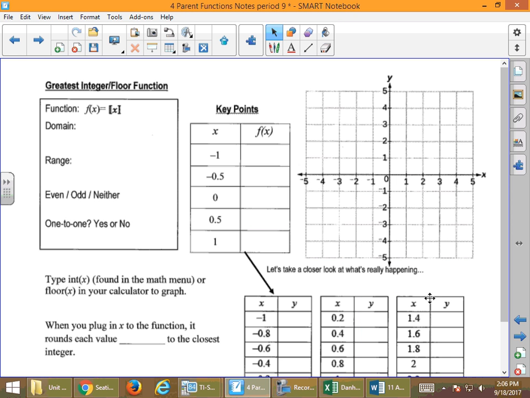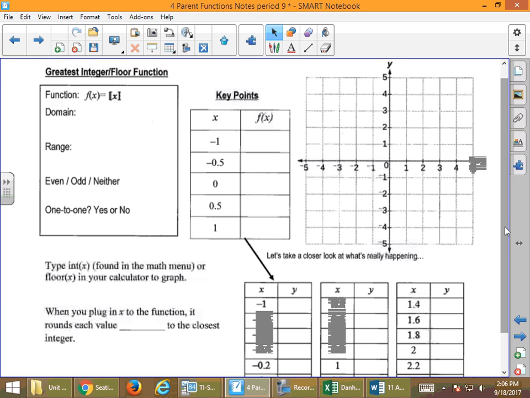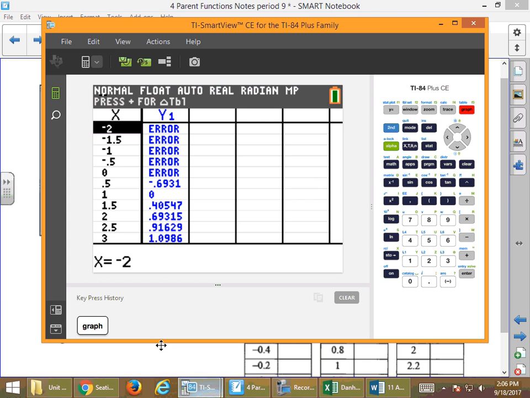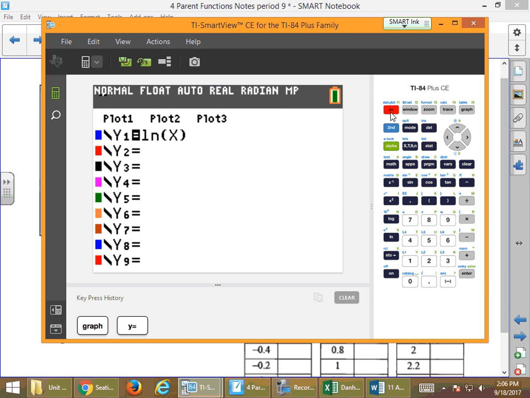The next function is called the greatest integer function. And I know there's a lot on the screen, and it's not quite as complicated as it looks. But on the calculator like I have on my screen, which is just the TI-84, what we need to do is go back to y equals, and then we're going to clear out the natural log of x, and we're going to type in the greatest integer function.